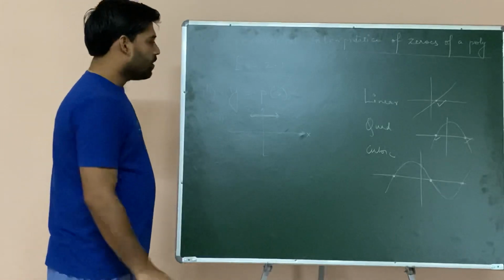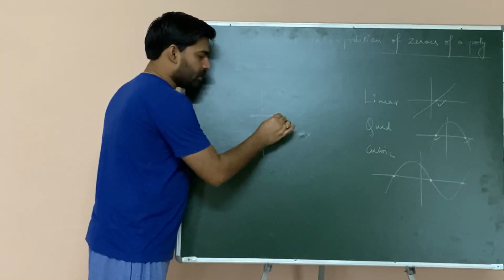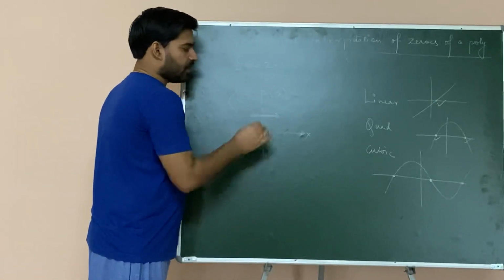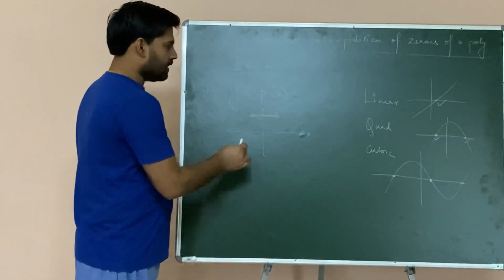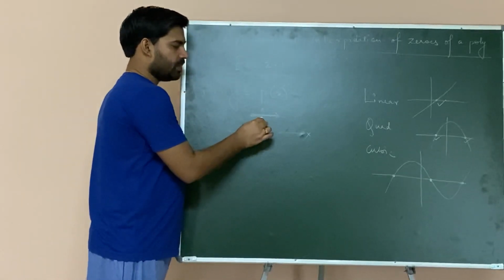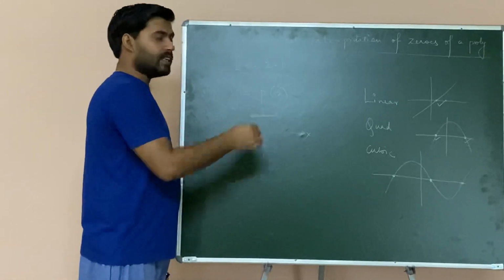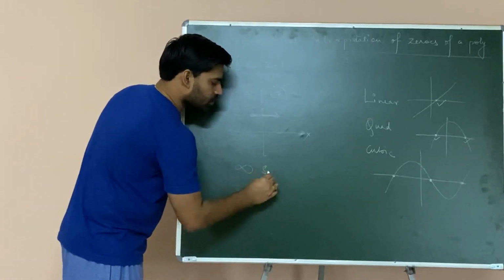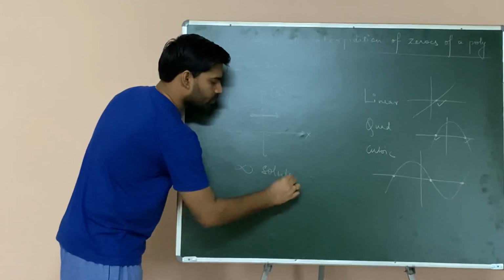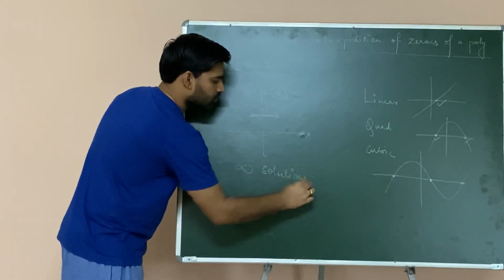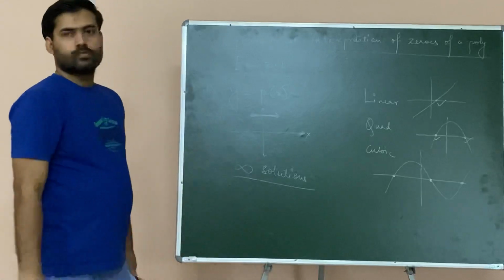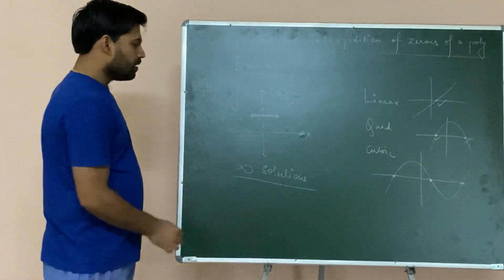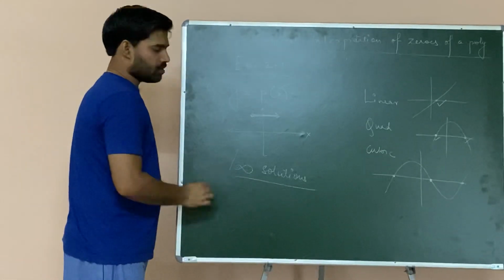Getting my point or not? But this is a kind of a point wherein you can say that for every value of y, say if I am taking this value of y, there are infinite values of x. So you will say infinite solutions. Or sometimes somebody can also write 0 solutions.